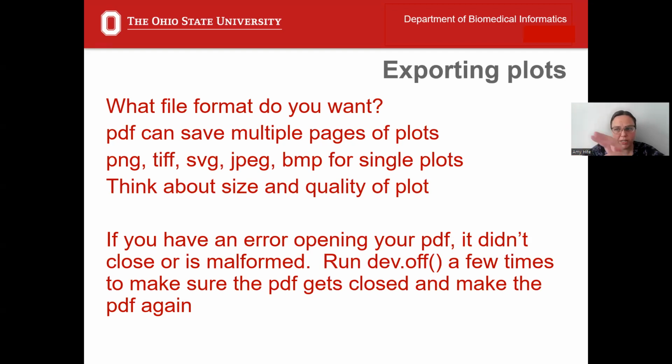So you have to open your file, open your PDF, do your plots, and then run this command called dev.off with parentheses, and that will close your file. If you don't close your file, if maybe you open another file and try to run some figures out to it, everything will get malformed, and you have to run dev.off a couple of times just to close everything, and then you can rerun your scripts.